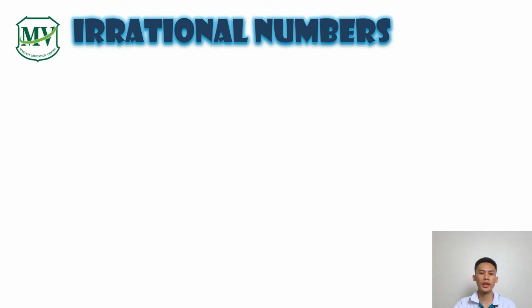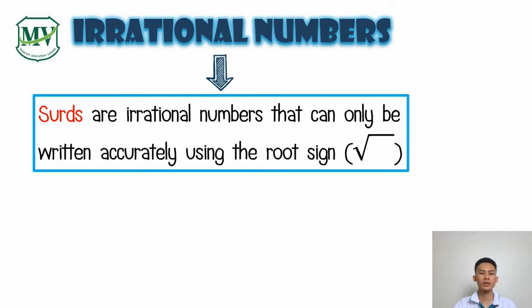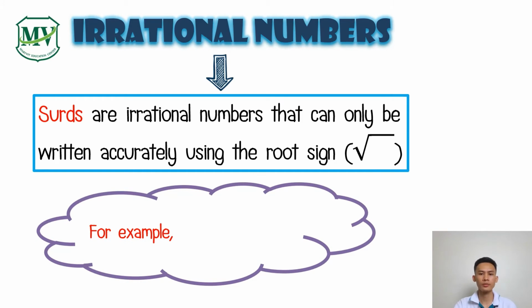So let's go to our next topic, which is all about surds. Surds are irrational numbers that can only be written accurately using the root sign. For example, square root of 2, square root of 5, and square root of 11.